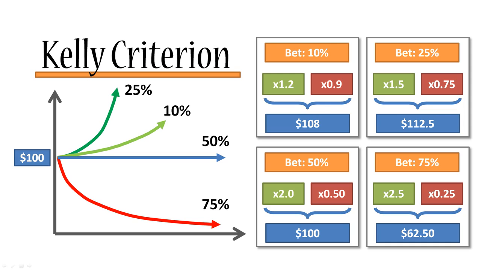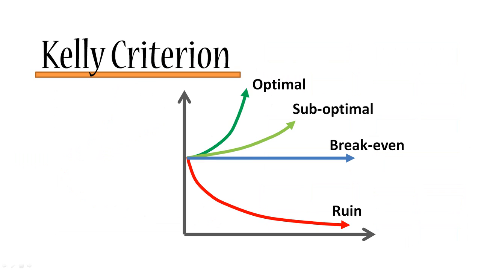And now we're going to just generalize this chart. You have four types of outcomes, and this is going to be always the case. So when we analyze the Kelly criterion and the money management principles, you will see that there's always four different types of possible outcomes. There's the optimal outcome. There's one specific percentage of your account balance that, if you bet that on every single coin toss or trade, if you're trading the Forex market, will always lead to an optimal outcome.